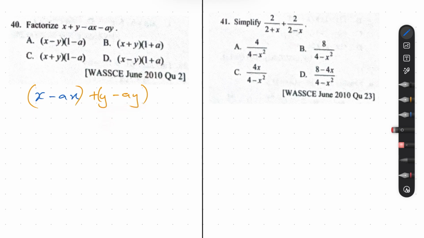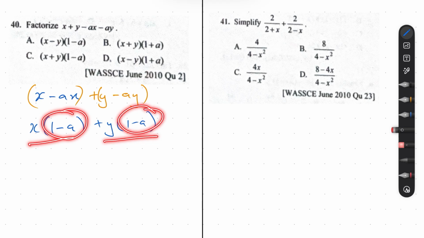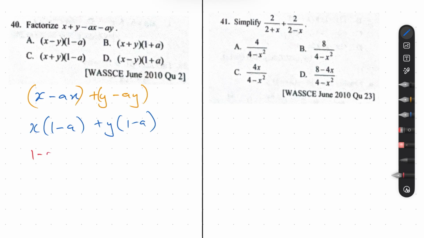So we have x times 1 minus a plus y times 1 minus a. Now these are two terms, and what is common between them? 1 minus a is common, so we can factor 1 minus a out.